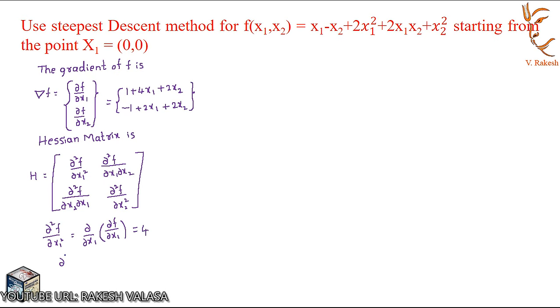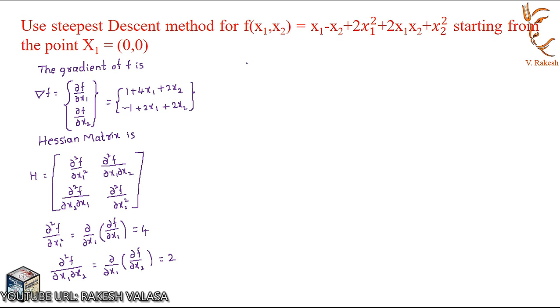Next one is dou square f by dou x1 dou x2. You can also write dou by dou x1 of dou f by dou x2. We know the dou f by dou x2 value, that is minus 1 plus 2x1 plus 2x2. Now again partial derivative with respect to x1, that is minus 1 is 0, 2x1 is 2, 2x2 is 0. 0 plus 2 plus 0, that is 2.